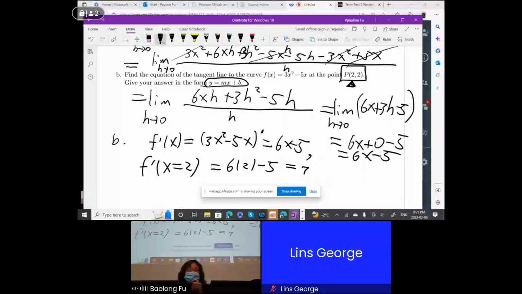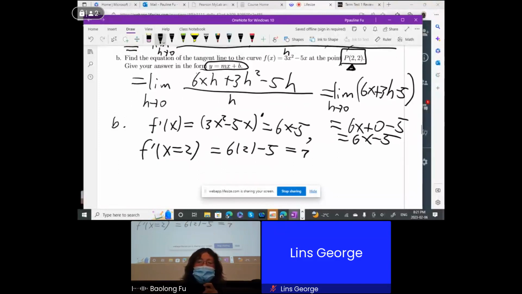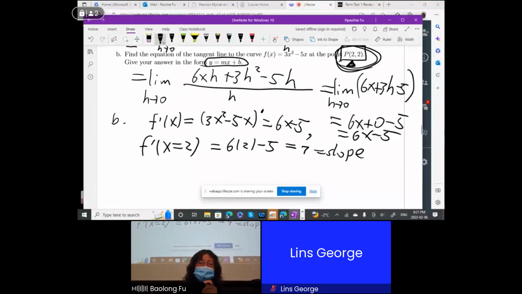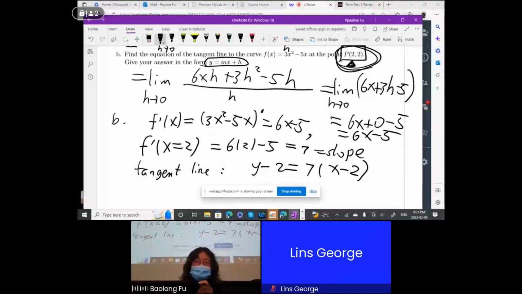What is this straight line? Okay. The point is (2, 2), and the slope is 7. So the straight line or tangent line is y minus y0 equals slope times x minus x0.